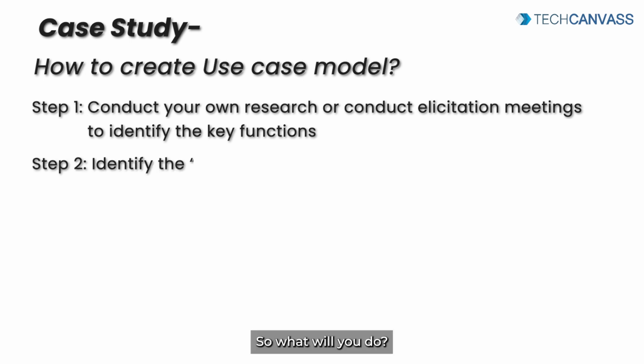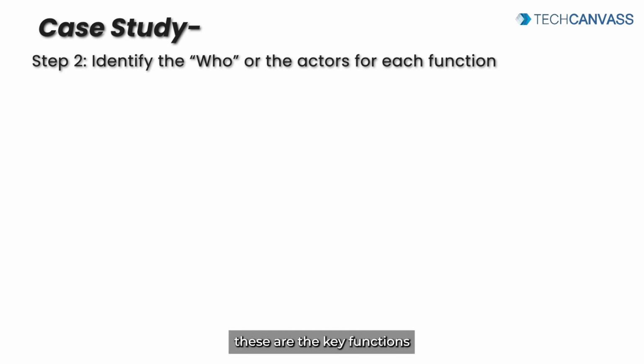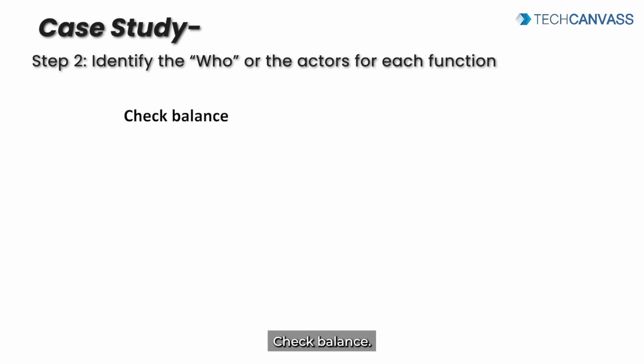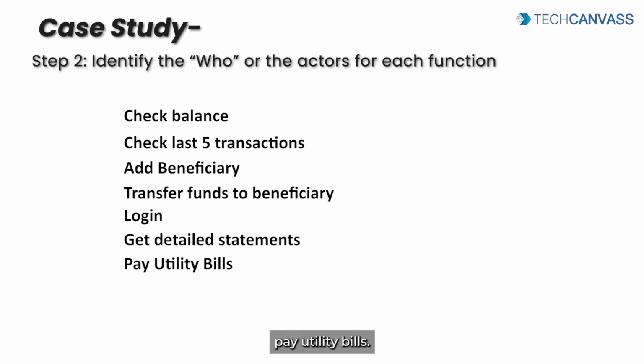So what will you do? You'll start by identifying the key functions. In this case, these are the key functions which you can see on your screen. Check balance, check last 5 transactions, add beneficiary, transfer funds to the beneficiary, log in, get detailed statements, pay utility bills. There could be more, but let's restrict ourselves to these functionalities for the sake of this video.